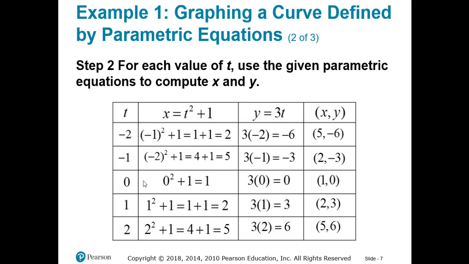If we put that 1 into the formula for x, we have 1 squared plus 1, so 1 plus 1 equals 2. Now, in the formula for y, 3 times 1 equals 3. So the values of x and y are 2 and 3. And the same for all of the numbers.